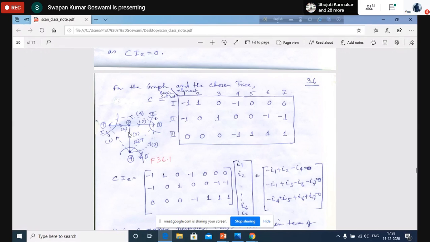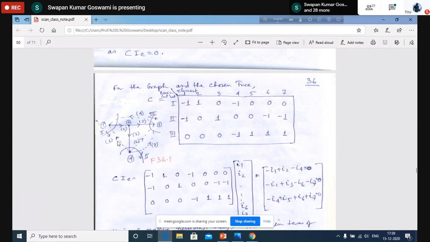So in this matrix, element 1 is in cut set 1 and also a part of cut set 2. And what is the orientation? See, this is the orientation of cut set 1. This is shown here. And the orientation of cut set 2 is like this. Now, the direction of element 1 is opposing the direction of cut set 1. It is also opposing the direction of cut set 2.